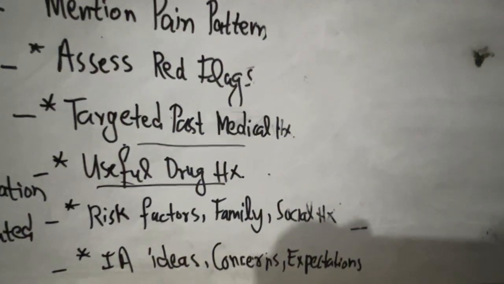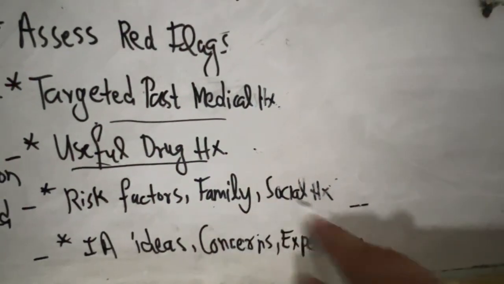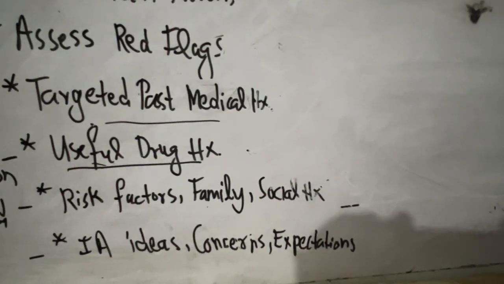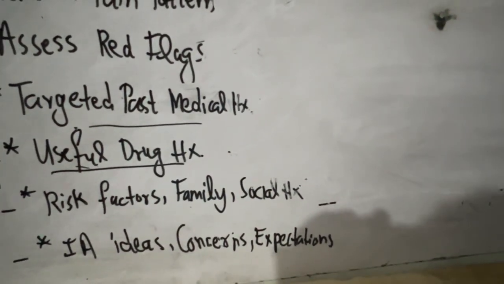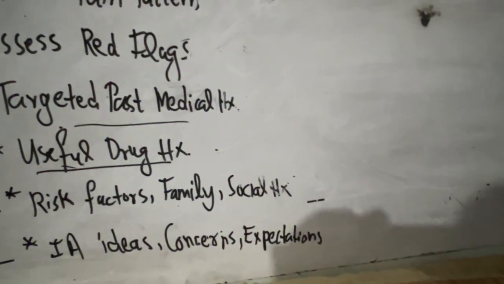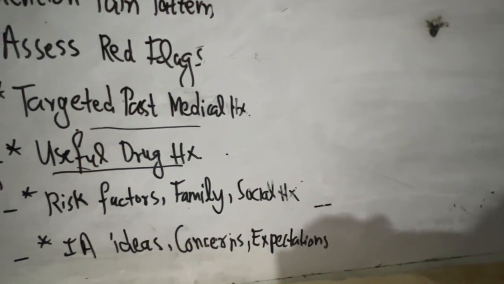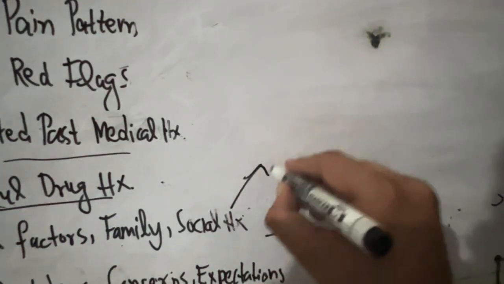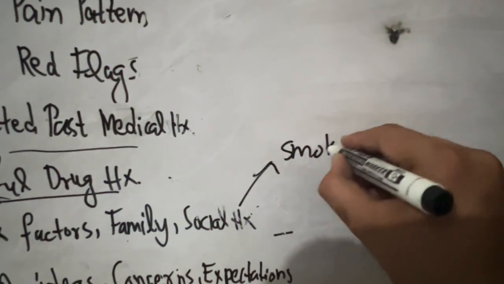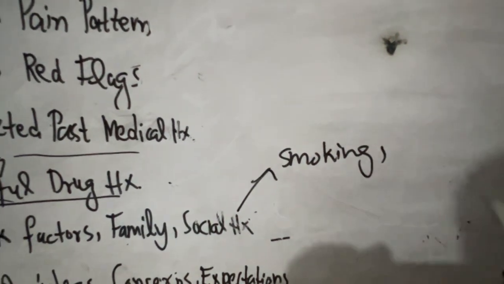Then after the useful drug history, we will ask about risk factors, family history, and social history. The risk factor for bladder cancer is smoking, so we will ask about smoking.